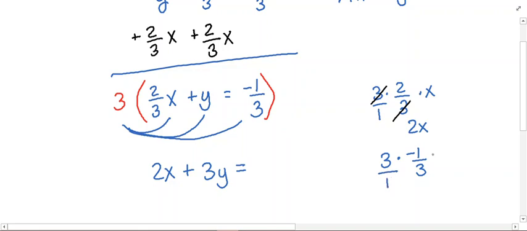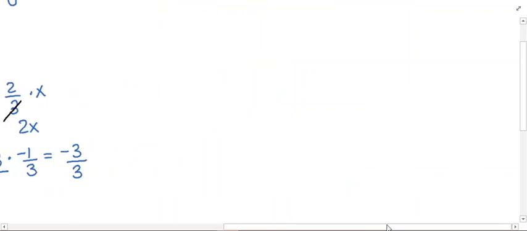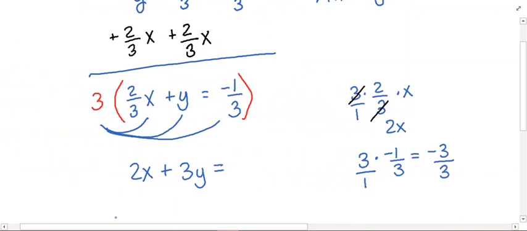Put the 3 over 1. You can either cancel or multiply across the top and across the bottom. Either way, you end up with negative 1. So this is the general form of the equation.